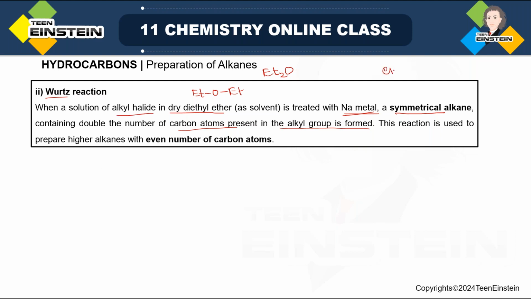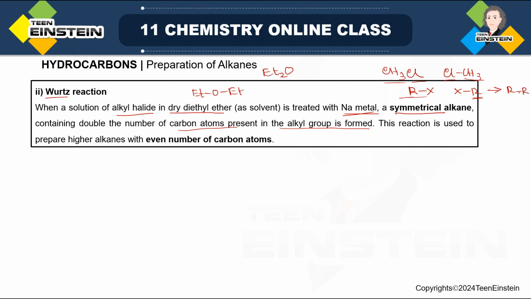Suppose you have started from CH3Cl, and here another molecule of CH3Cl we will take, and these two halogen parts will be removed and these two alkyl parts will be connected. In general, if I write RX, another RX, as if these two R are now connected, so the product is R-R.